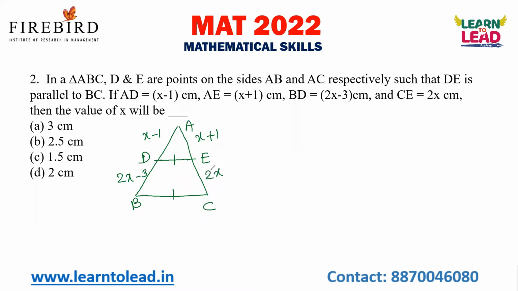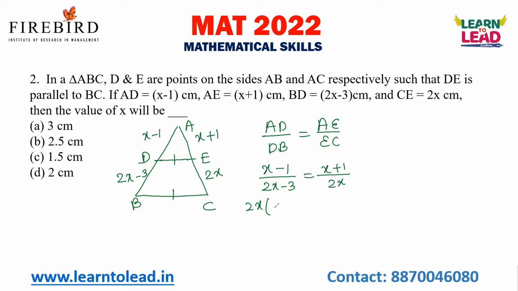See, if we draw a line inside a triangle which is parallel to the third side and the line intersects the other two sides, you should know that AD by DB is equal to AE by EC. What is AD? x minus 1 by 2x minus 3 is equal to x plus 1 by 2x. Just solve this, so it is enough.